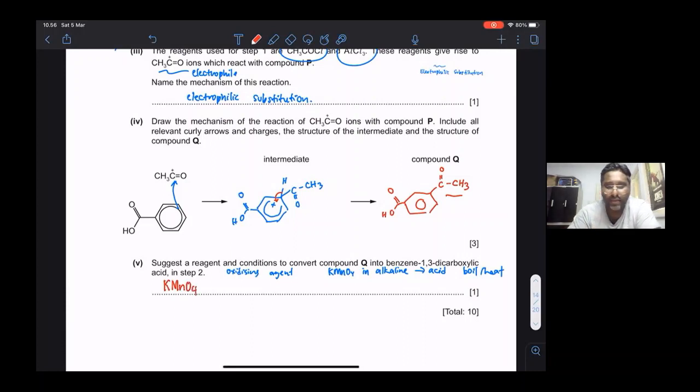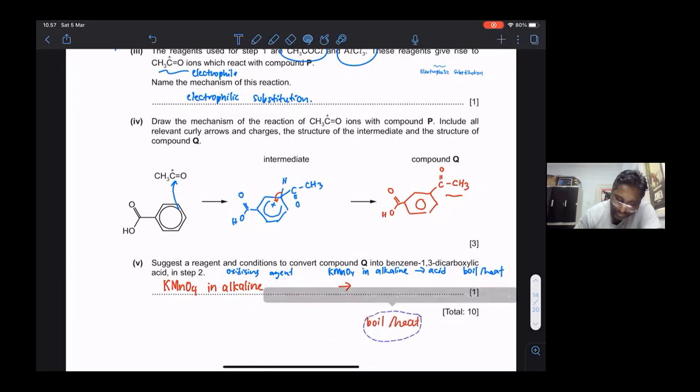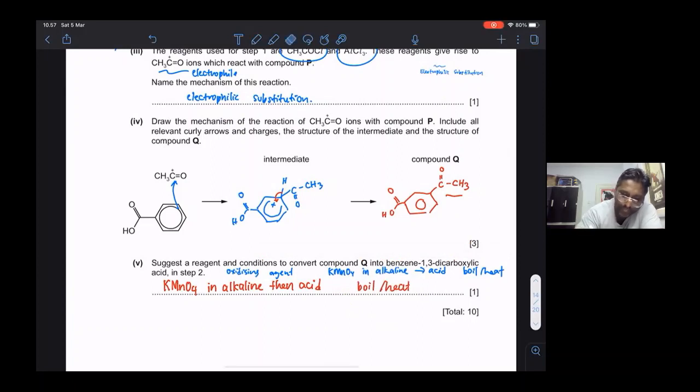The difference with the others is that you put in alkaline condition first, you boil or heat, and then you add acid, and it must also be boiled and heated.